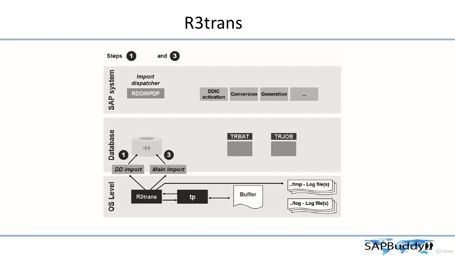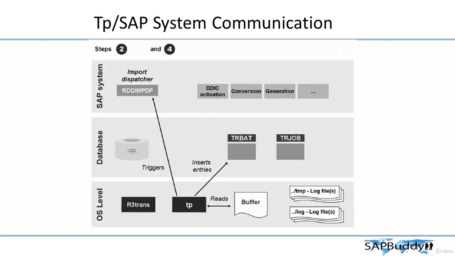TP's responsibility is to keep the buffer intact for R3 trans to start importing. Then in the SAP system, you will see the RDDTAT import PD start in this particular step. Then step 2 and 4, where TP will directly start the execution of this program.